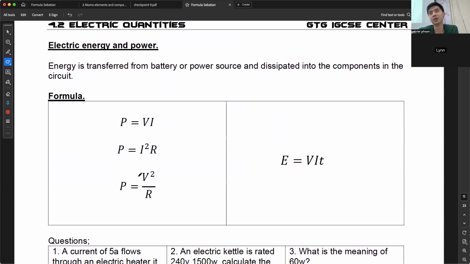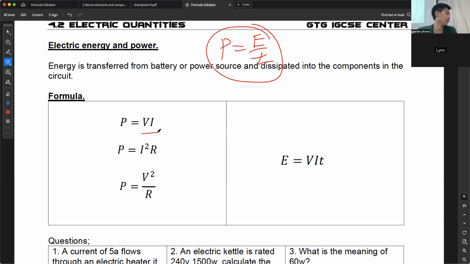So, in terms of electricity, we always deal with power and energy. Power's general formula was what again? Energy over time. This is the general formula for power. In terms of electrical components, it only depends on two things, the voltage and the current.